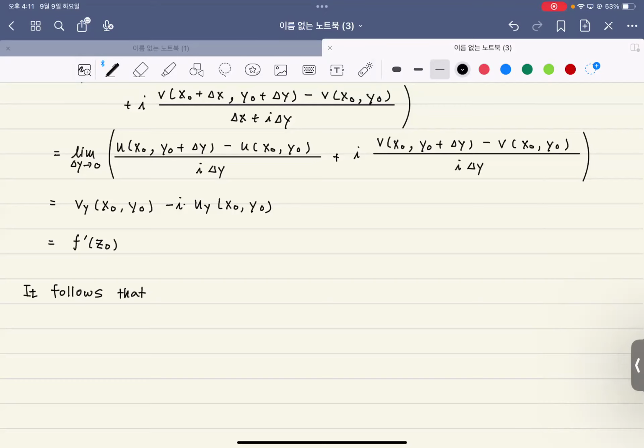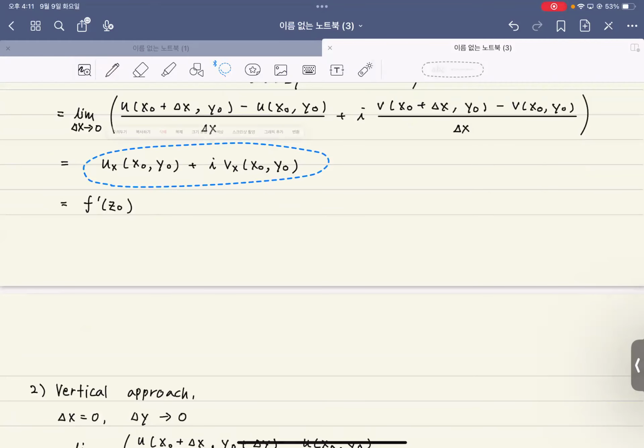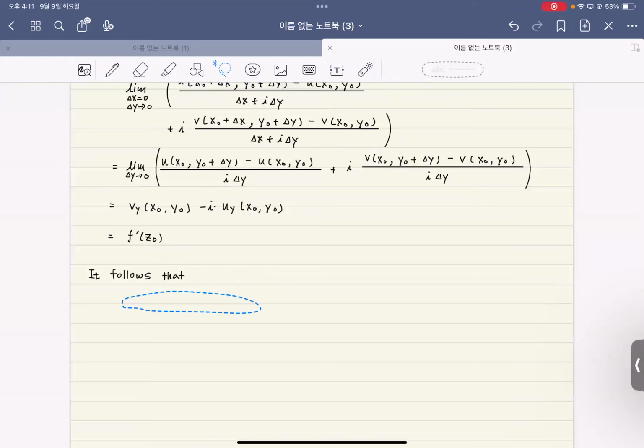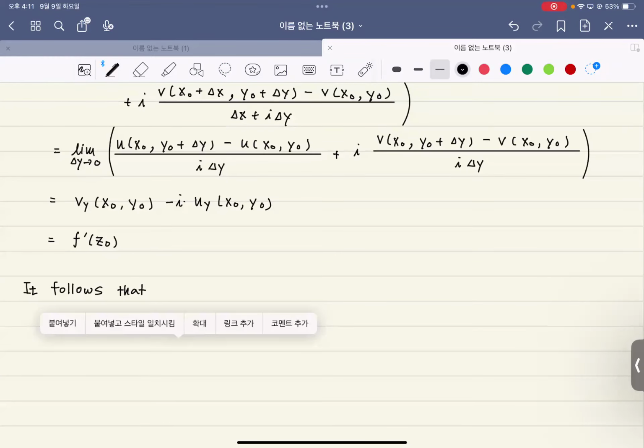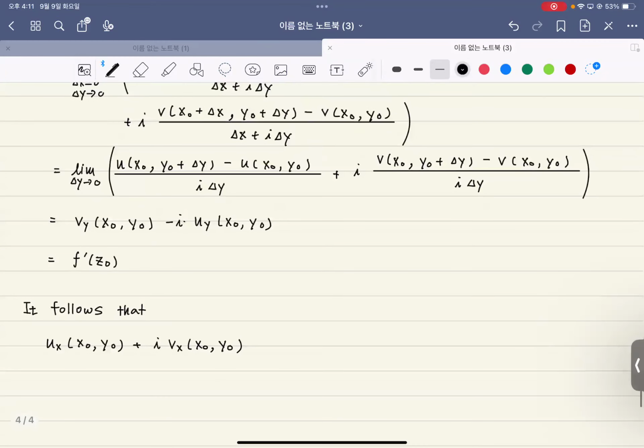It follows that, let me compare these two.